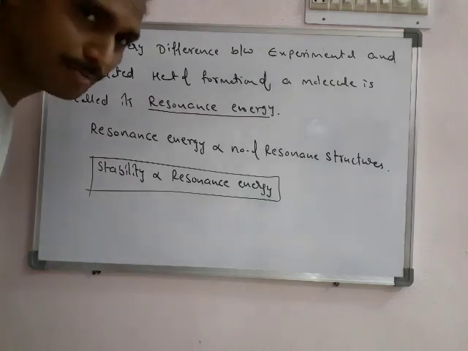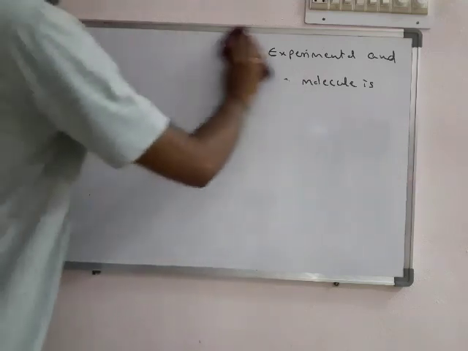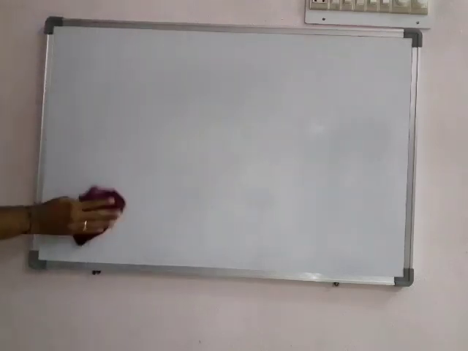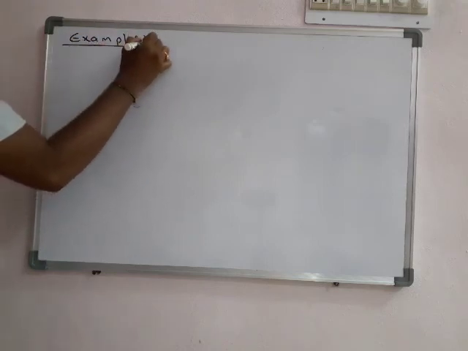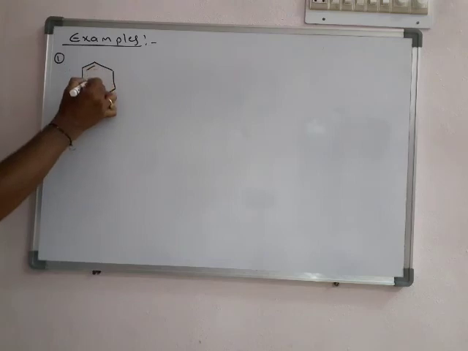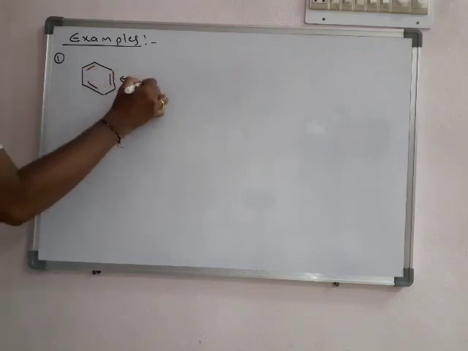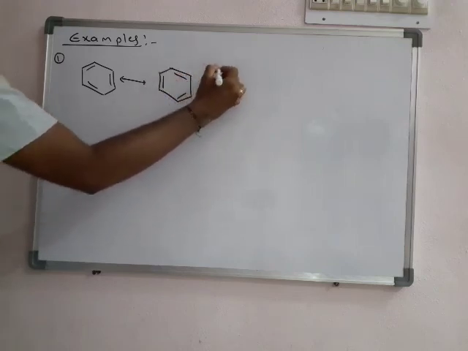Now we see the examples of some other resonance structures. Examples in benzene. We apply the bond order formula here.